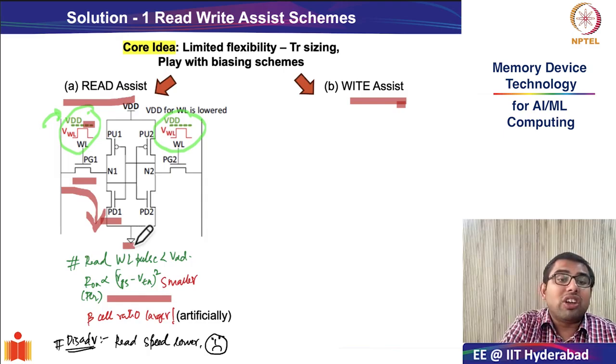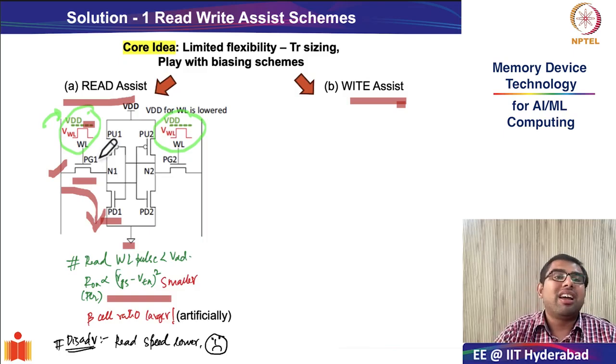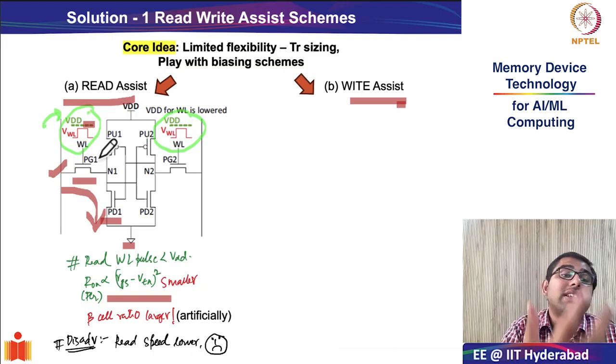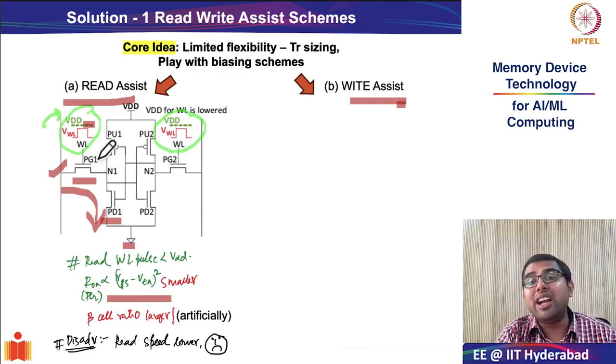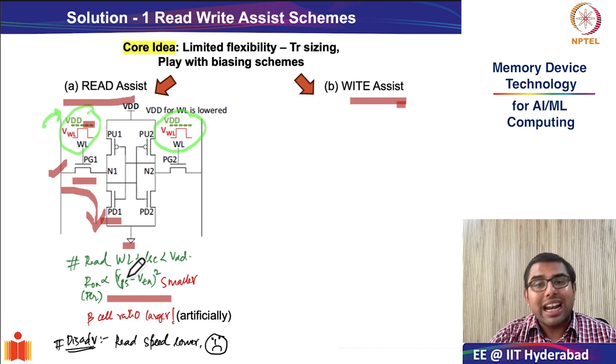Now this read current will encounter more on-state resistance from the pass gate transistor because you have reduced the gate voltage, and as a result the parasitic path through the pass gate transistor will increase, and this will result in lower read speeds. So this is what you have to deal with when you try to artificially increase the cell ratio by biasing schemes.